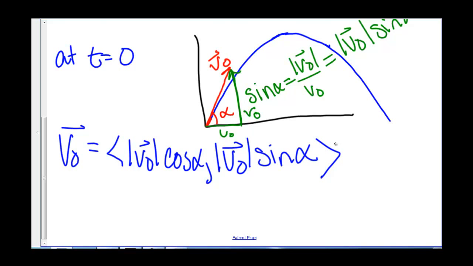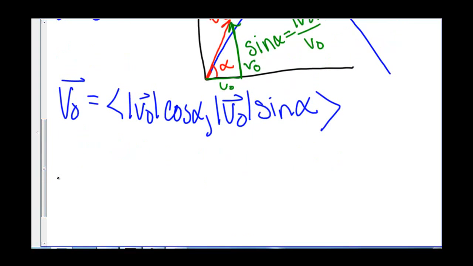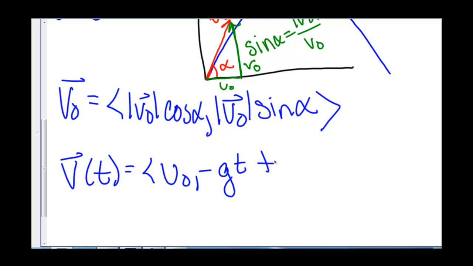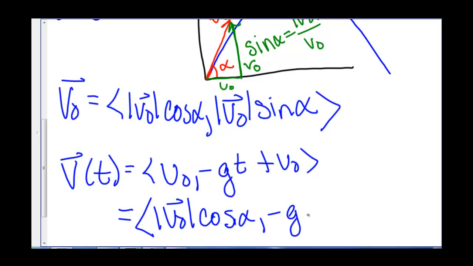So that's our initial velocity, and we know that our equation for velocity at time t equals the vector (u naught, negative gt plus v naught). So substituting these in, we get (magnitude of v naught cosine alpha, negative g t plus magnitude of v naught sine of alpha). So this is the velocity for the object.